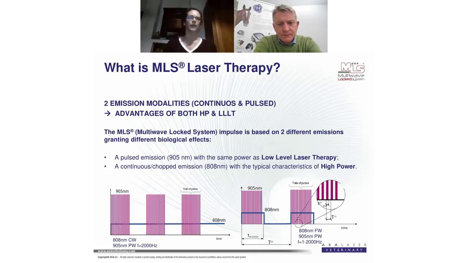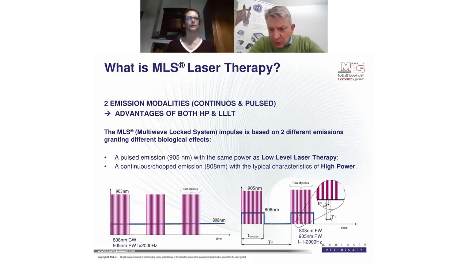If I have a chronic situation, for example in a tendon, and I could not see the horse before, and they show me the case and it's already in a chronic situation, I start stimulating the structure with the continuous wave, but I do it just once. And then I can see after 2 weeks if I need again a big stimulation. Otherwise, I will use the protocols with the frequencies.